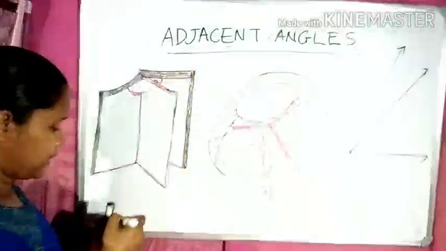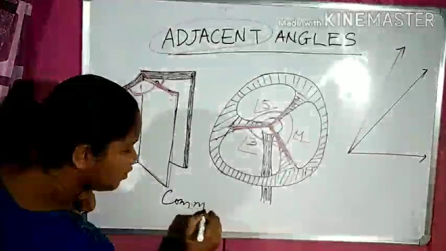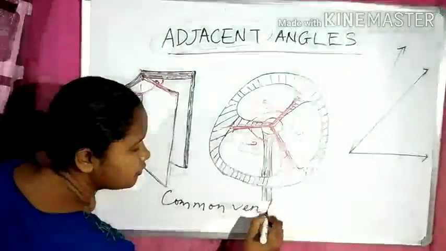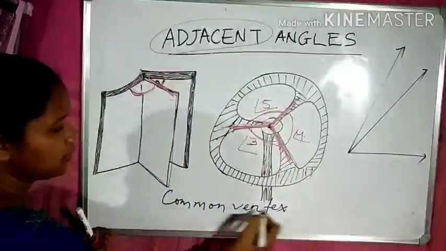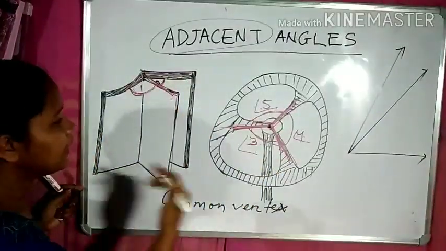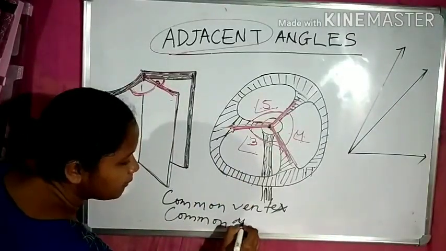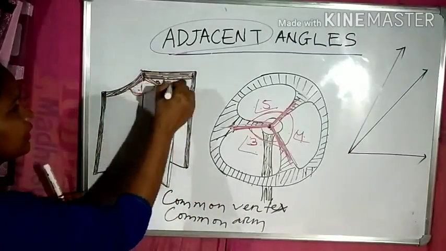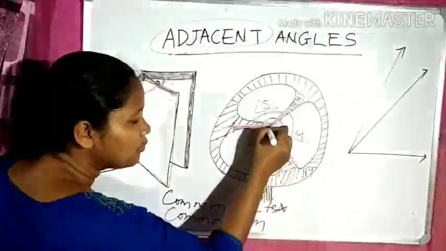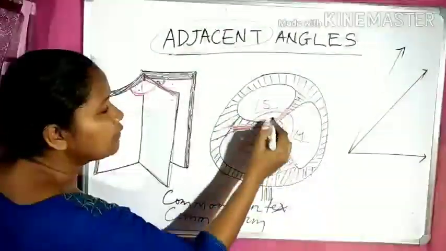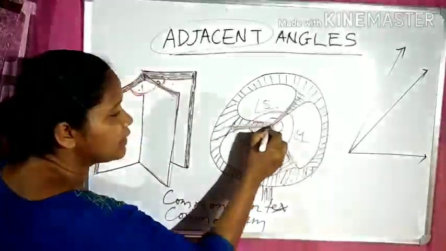So what is present in adjacent angles? Adjacent angles have a common vertex. Common vertex means a common meeting point. Then they have a common arm. Here 1 and 2 have this common arm, 3 and 4 have this common arm, for 4 and 5 the common arm is this one, and for 3 and 5 the common arm is this one.